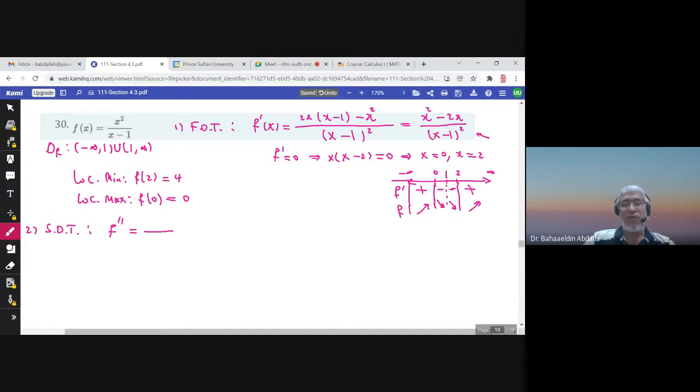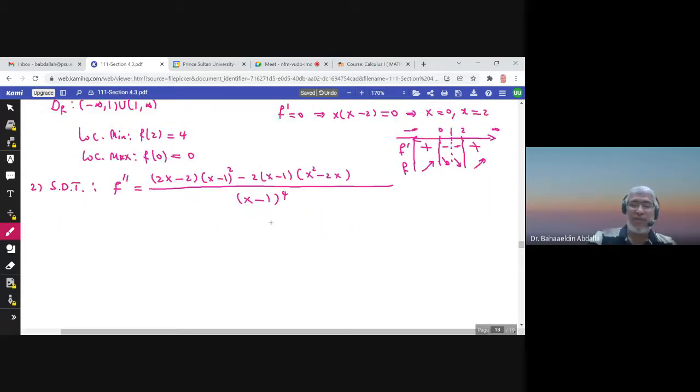I have to use the quotient rule again. Derivative of x squared minus 2x times x minus 1 to the power 2, minus the derivative of the denominator, which is 2 times x minus 1 times 1 times x squared minus 2x.